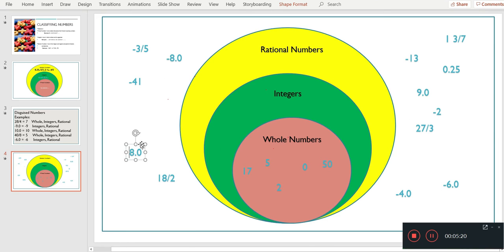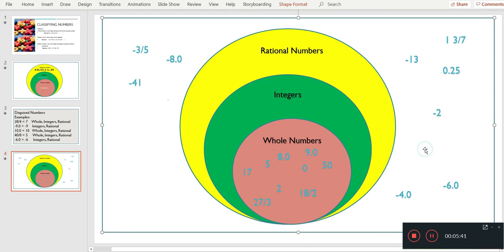We have 8.0 because this can be just 8. 18 over 2 is just equal to 9, right? We have 9.0, just equal to 9. We have 27 over 3, which is also equal to 9. So we are now categorizing these nicely and perfectly.